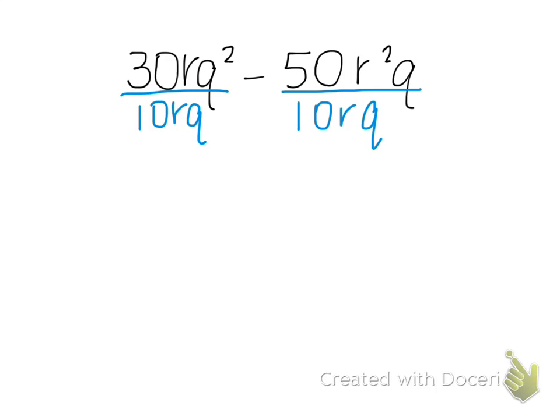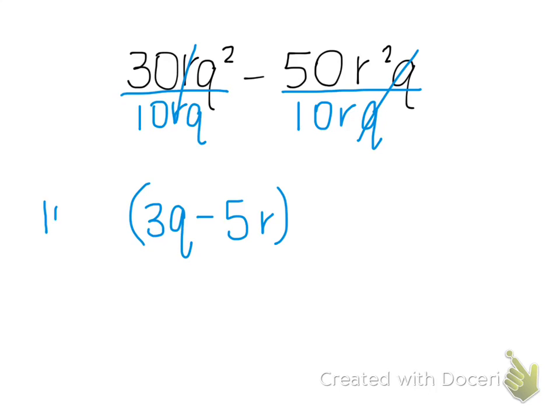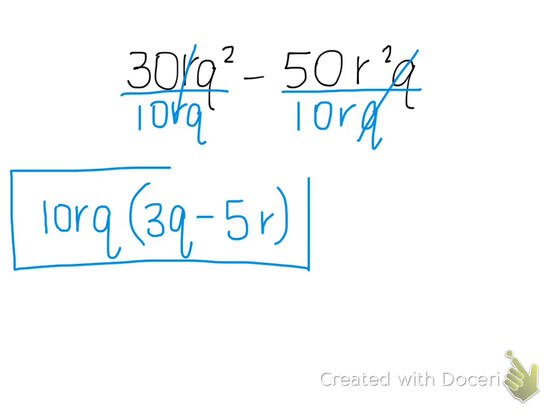And when we divide that out, that turns into 3, and the r's cancel out, q minus 5r, and the q's cancel out. And remember, whatever you divided out goes in front. And so this is now your factored form.